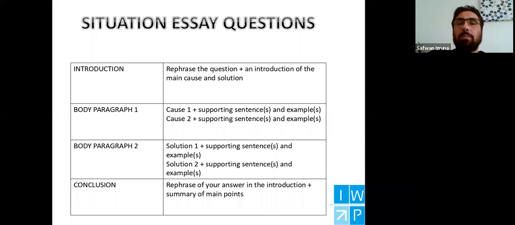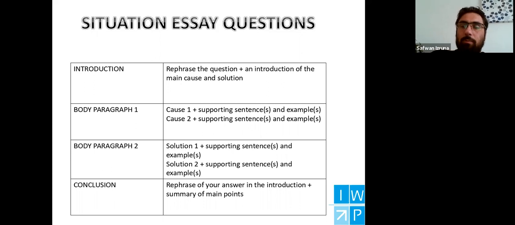Okay, so in terms of structure, we could put cause, cause, solution, solution. So the main idea here is that we're talking about causes for the problem. And here the central idea is that we're talking about solutions.